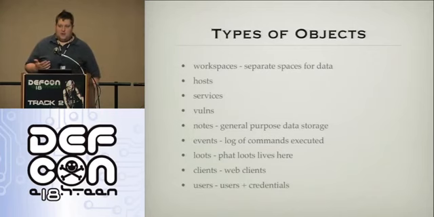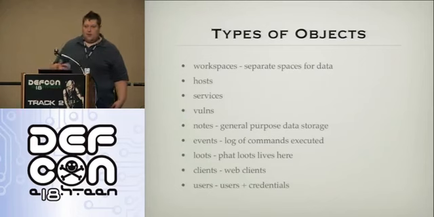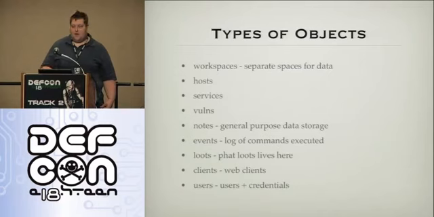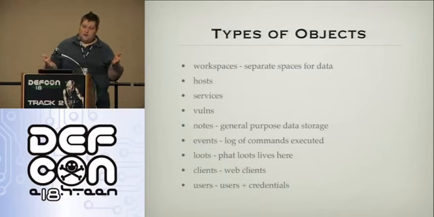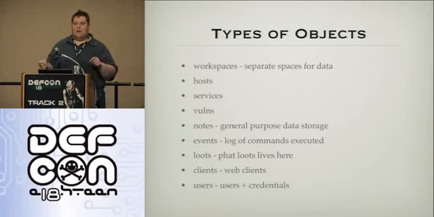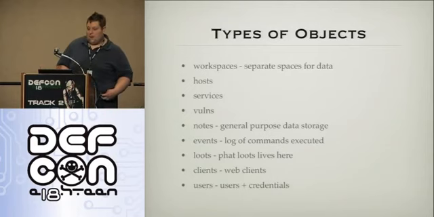Where workspaces become nice is if you are doing a pen test of the same company multiple years in a row, then you may be interested in pulling your database from last year, opening a new workspace, and then as you're looking at changes between the two years for things that have hopefully improved, you can compare the two workspaces programmatically to be able to determine what has changed and what hasn't.